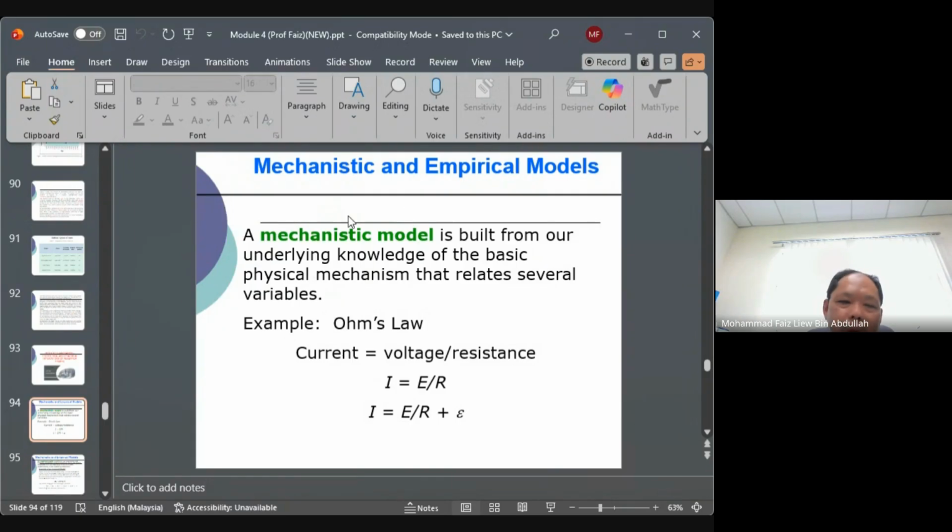Then you can say we refer to this mechanistic model built from basic physics, for example Ohm's law. Using this equation, we calculate the current equals voltage divided by resistance. And then we also have epsilon, which depends on the material that we use, so we can determine different values of the current. These are all what we call theoretical values that you can put in.